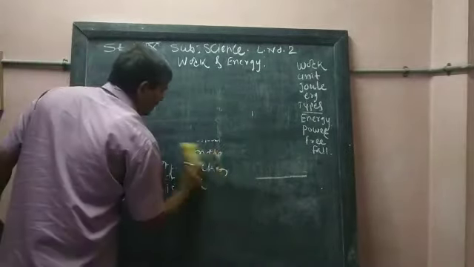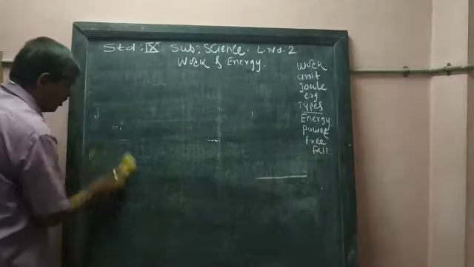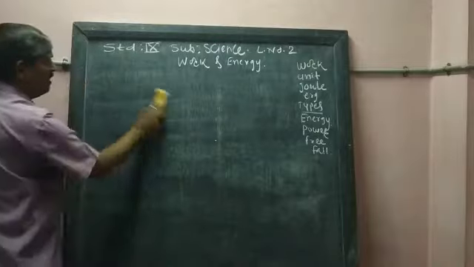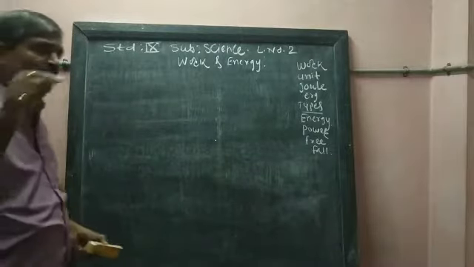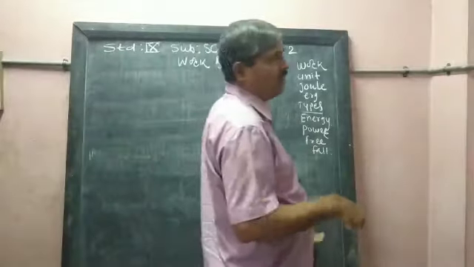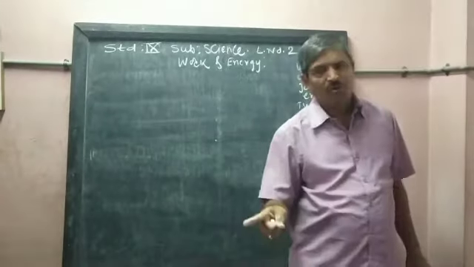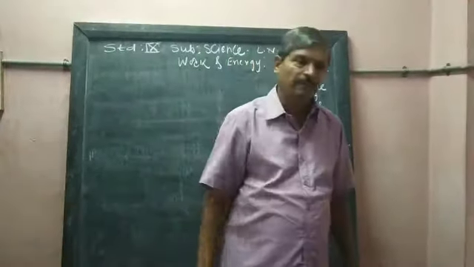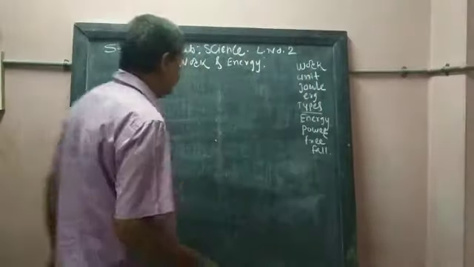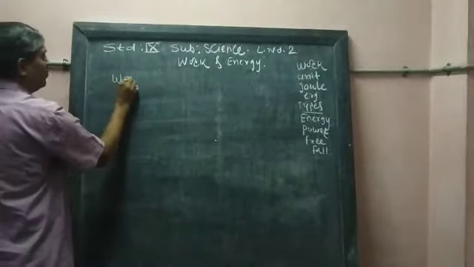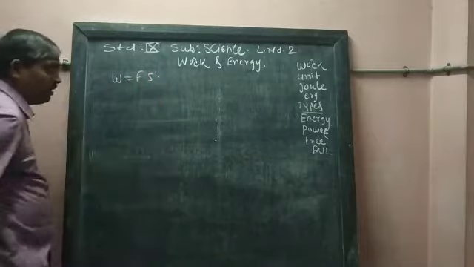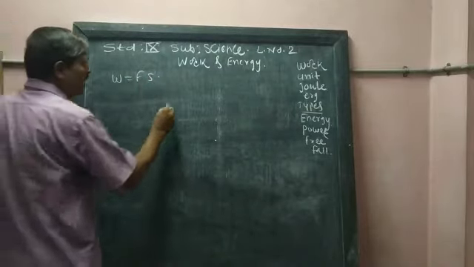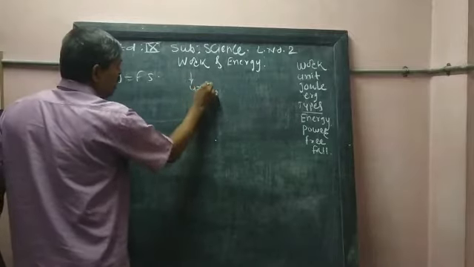So once again I am going to repeat what I have taught you about work done. Work done means what? Work done means when force is applied on the body and the body is displaced. Work is calculated by W is equal to Fs. Now what is the unit of work done? How is work measured? We have to find the unit.